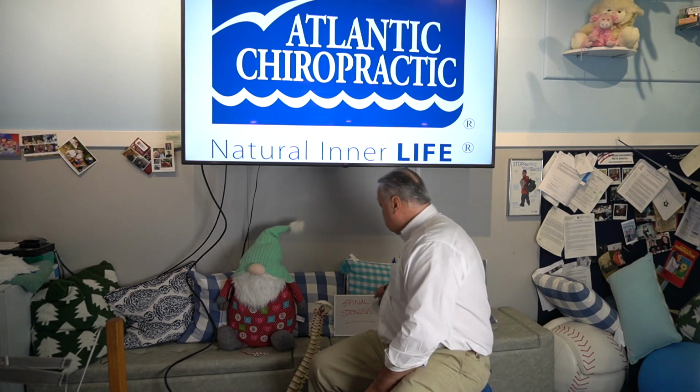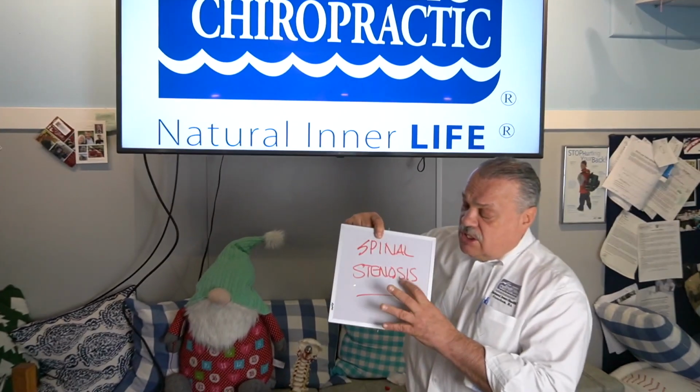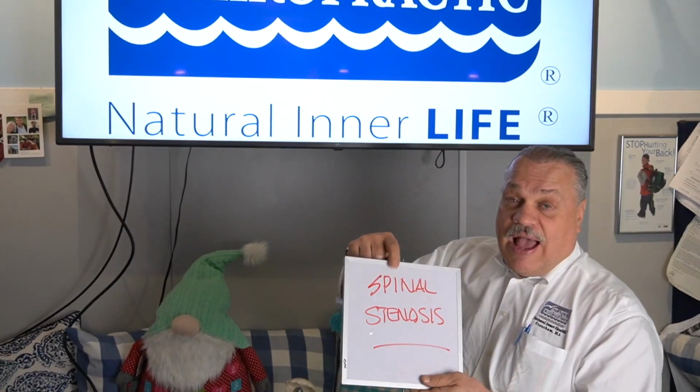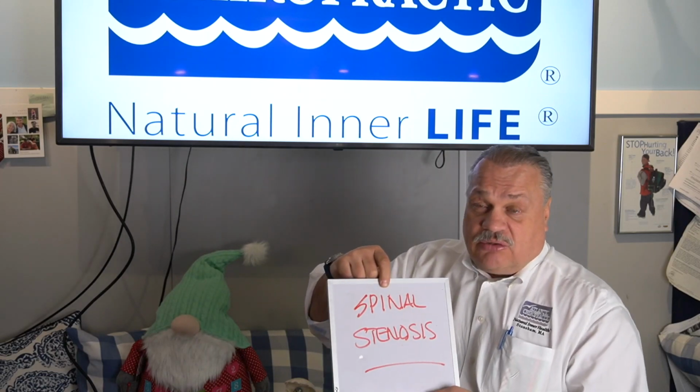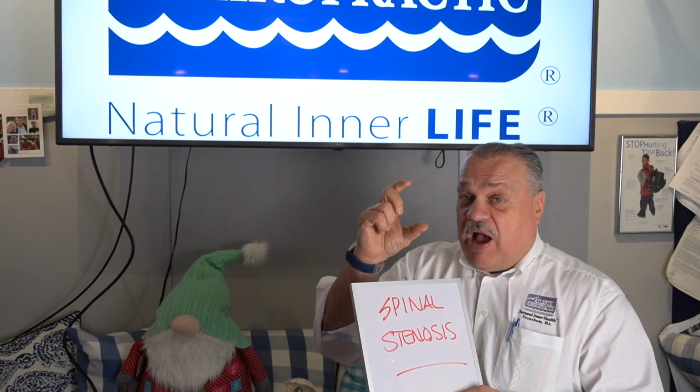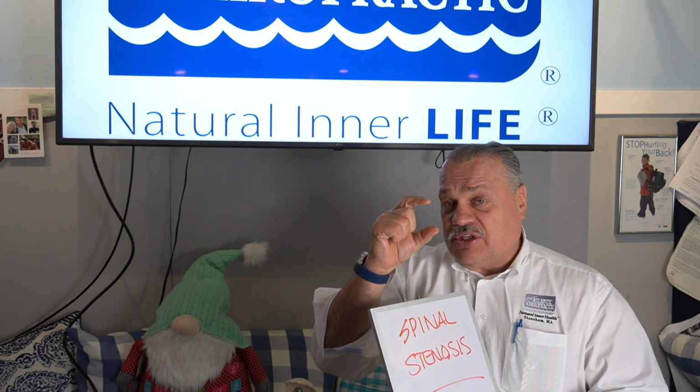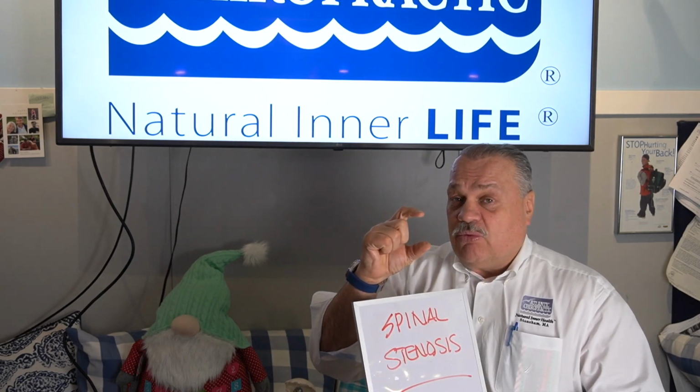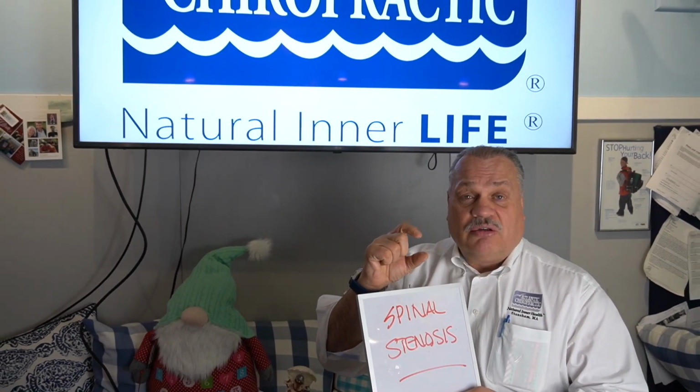Today we're going to talk about spinal stenosis. Spinal is dealing with the spine. Stenosis is closing down the opening where the nerve root comes out.